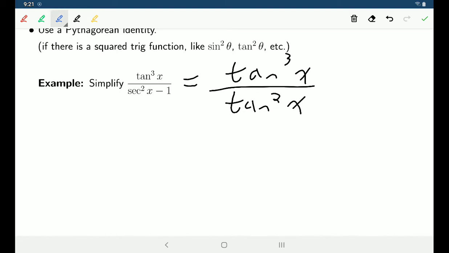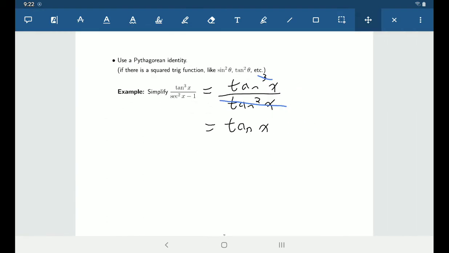And then we have 3 tangents up top, tangent times tangent times tangent, and we've got 2 in the bottom. So the 2 tangents in the bottom cancel with 2 of the 3 tangents that are up top, and that leaves me with 1 tangent of x that's left over in the numerator. So my expression simplifies down to give me just tangent of x.